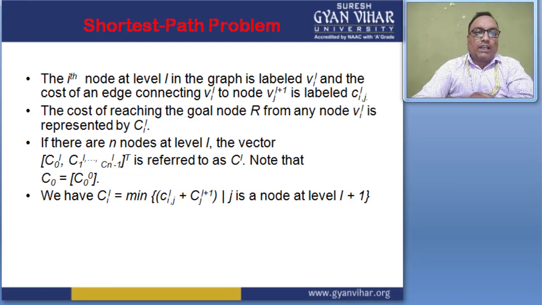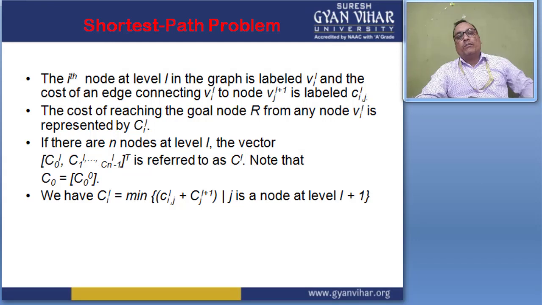If there are n nodes at level l, the vector C0l, C1l, up to Cn-1l, the transpose of the matrix, is referred to as Cl. Note that C0 gives C00, and we have Cil equal to the minimum of C(i,j)l plus Cj(l+1), where j is a node at level l plus 1 also.